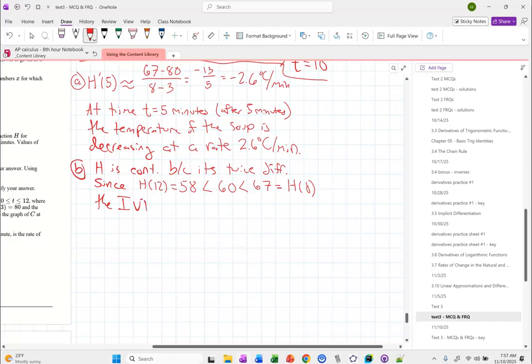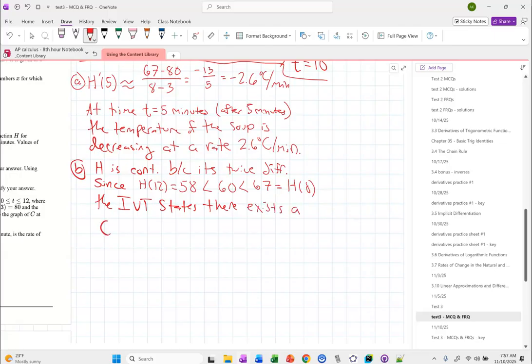The IVT states there exists a c on the interval from 8 to 12 such that h of c is equal to 60.